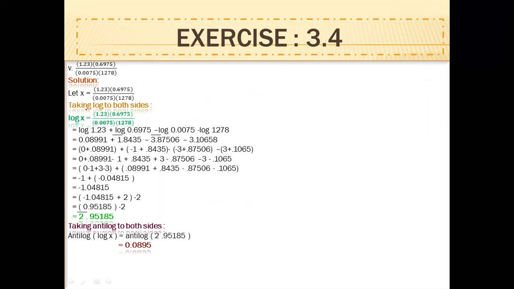Now again the same steps. First we suppose that x is equal to this number, then taking log to both sides. Now you see there is multiplication and division at a time.